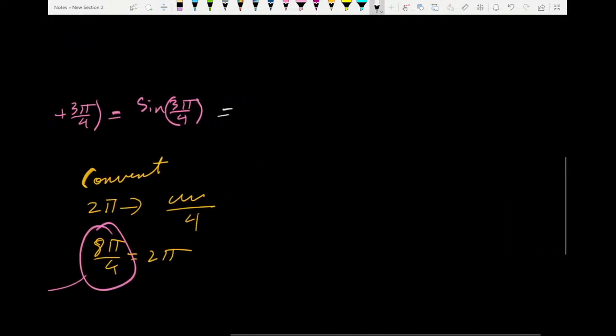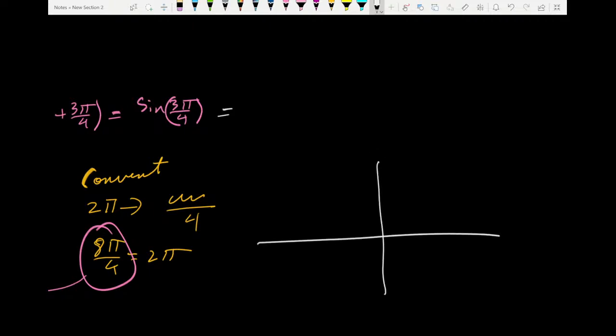Now, how do we go about solving 3 pi over 4? Let's ask ourselves, where is 3 pi over 4? 3 pi over 4 is in the second quadrant. That's 3 pi over 4. So what's the reference angle in this case? The whole thing is pi minus 3 pi over 4, and you get pi over 4.